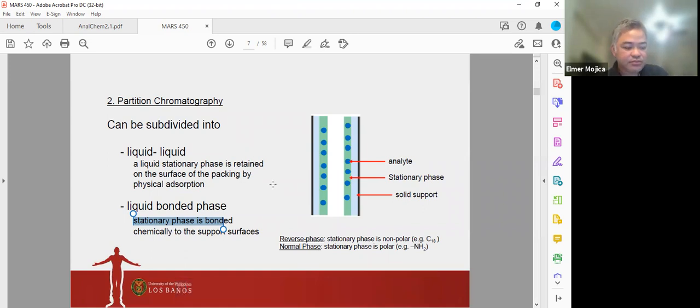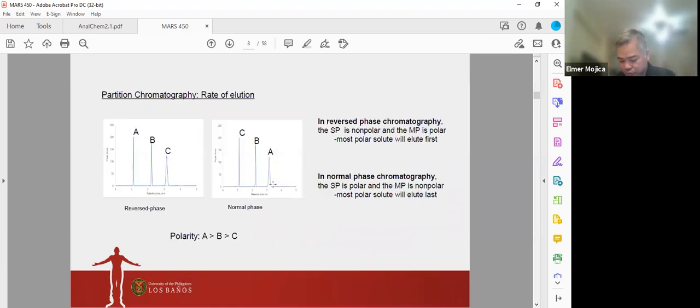Now, for the two common types of partition chromatography, as I mentioned before, we have reverse phase chromatography, where the stationary phase is non-polar and the mobile phase is polar.